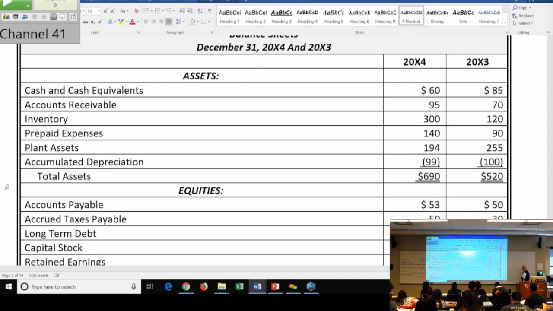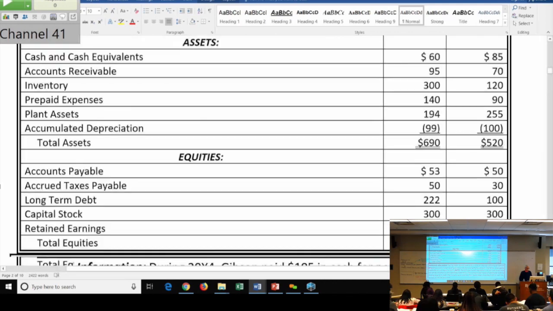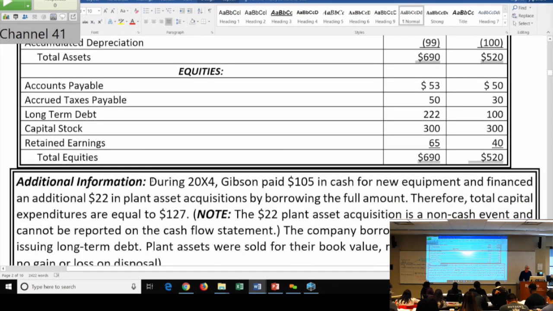Then on the liability and stockholders' equity side, accounts payable, accrued tax payable, long-term debt, capital stock, and retained earnings. Now I give you additional information. When you put a statement of cash flows together, this is very procedural right now. What you need: the income statement, 2 balance sheets, and additional information.